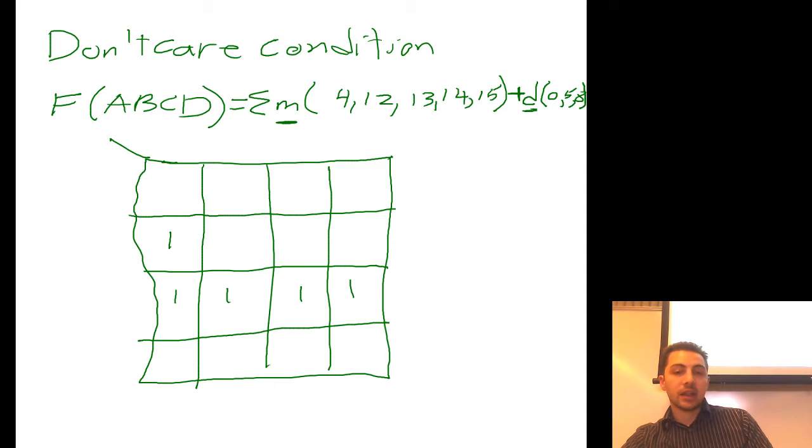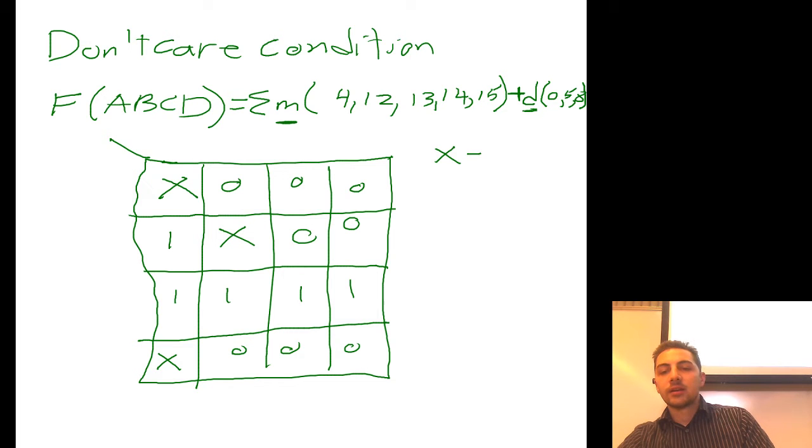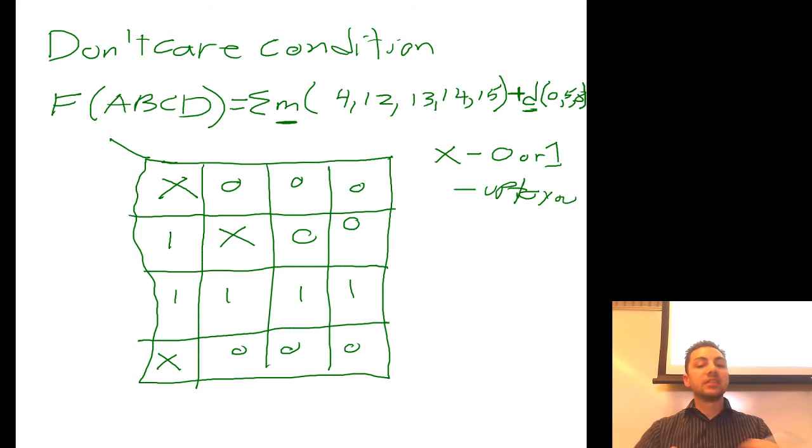The don't care values, which I'll fill in with an X, are 0, 5, and 8. Now, everything else is a 0. So the don't cares add a new symbol here. A don't care can be 0 or it can be 1. It's up to you as the designer.